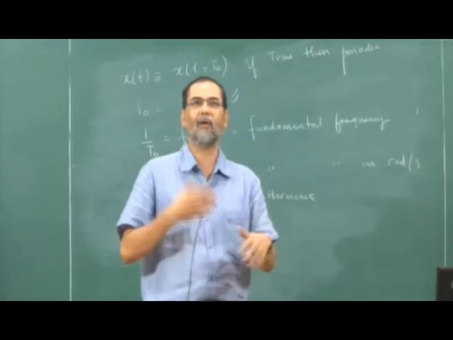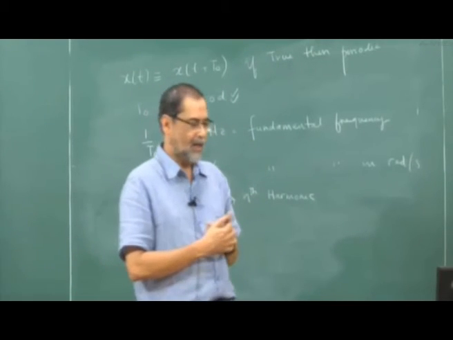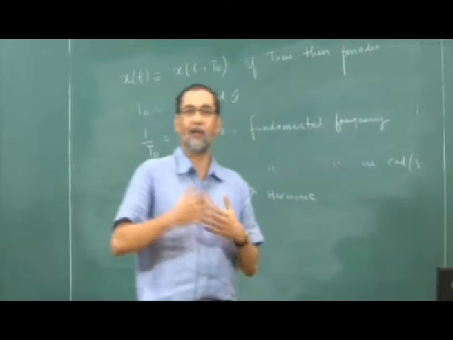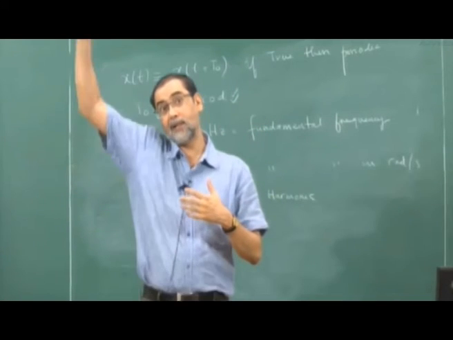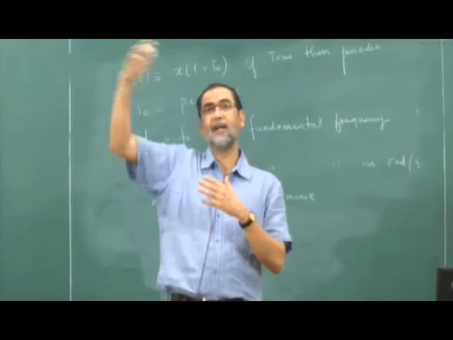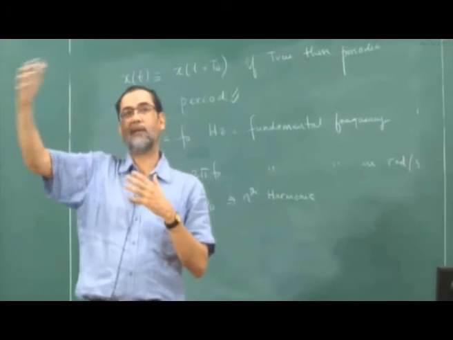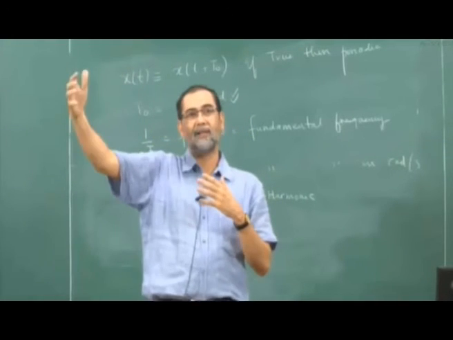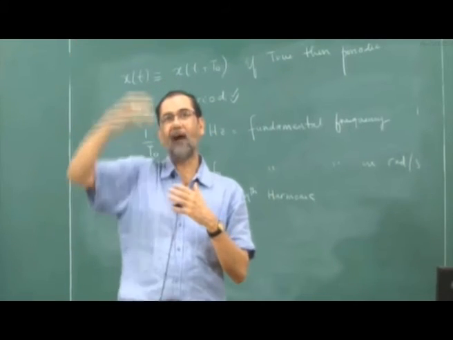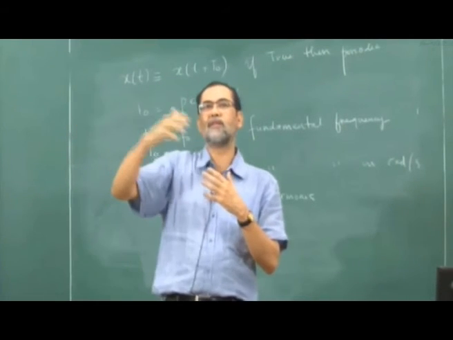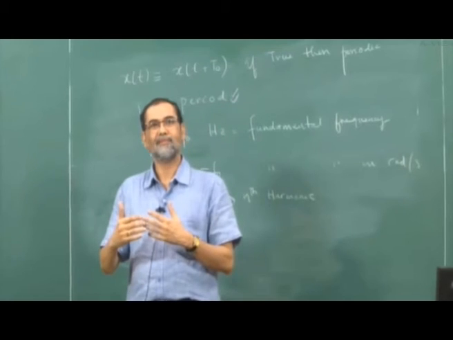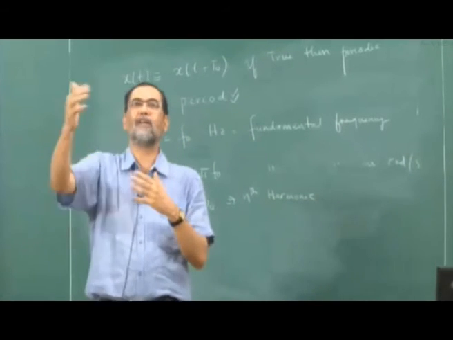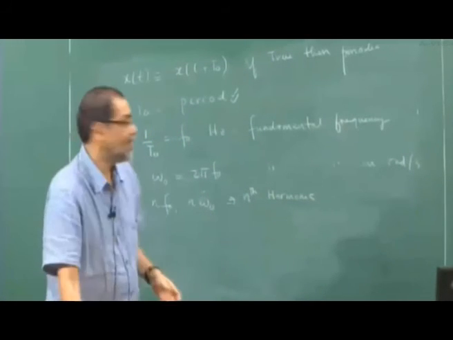I don't know if you know music, like in music you say sa re ga ma pa da ni sa. The two sa's are one octave apart. The higher sa is 2 times the frequency of the lower sa. So that is the octave, or doubling of the frequency.